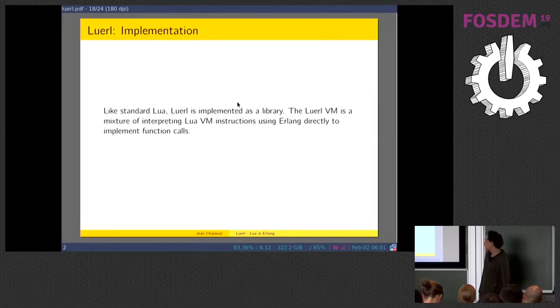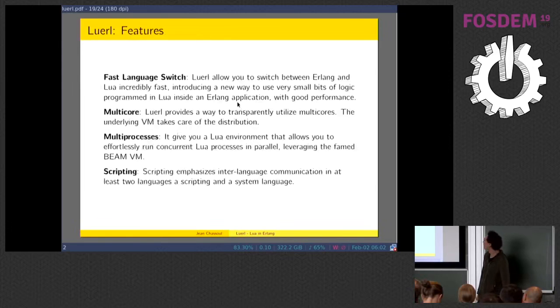Like the standard Lua, Luerl is implemented as a library. The BEAM is a mixture of interpreting Lua virtual machine instructions using Erlang directly to implement function calls. One additional feature that you might not have on common native Lua is that it gives you fast language switch between Erlang and Lua.